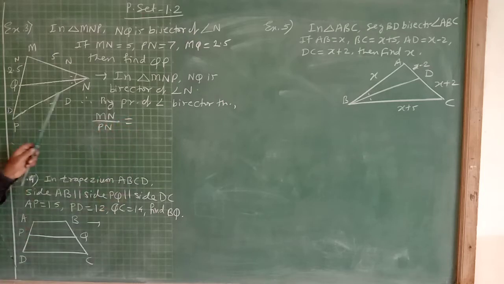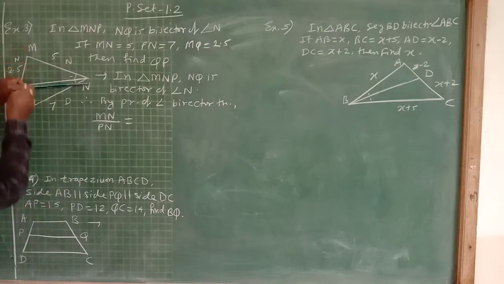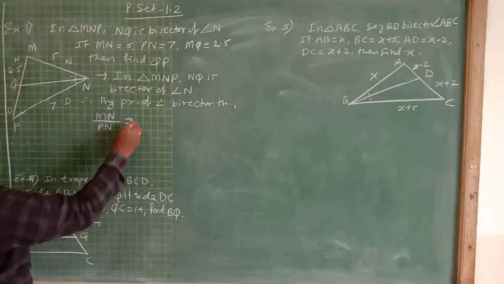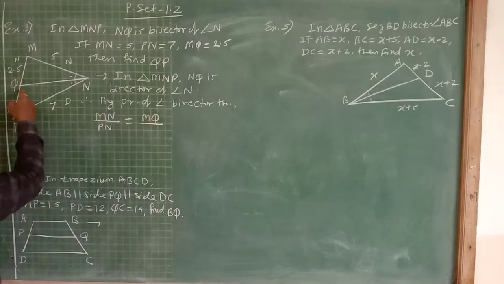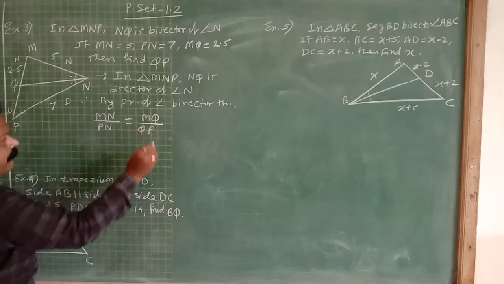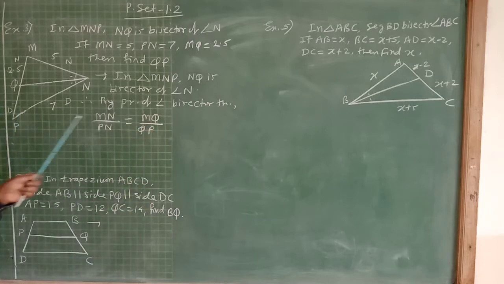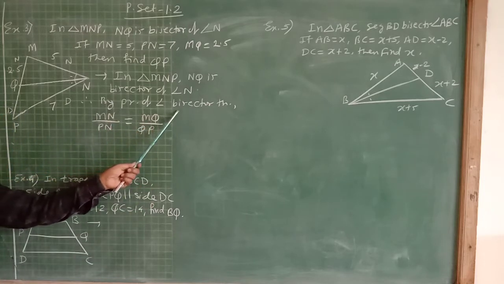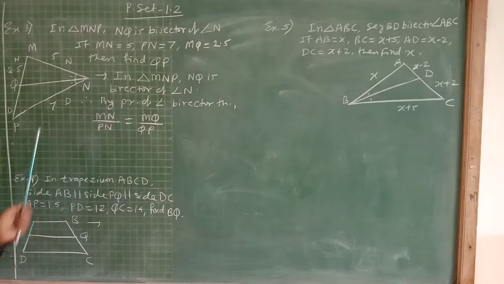is equal to. Now this bisector divides the opposite side in the ratio MQ and QP. So MQ is in the numerator's place and QP is in the denominator's place, MQ upon QP. This is using property of angle bisector in any triangle where a bisector is given, otherwise not.